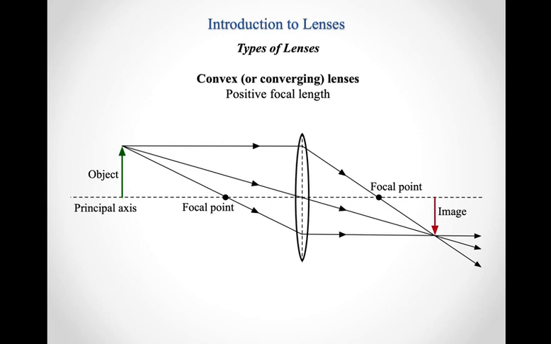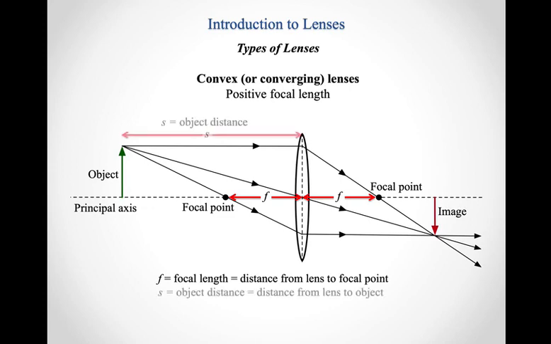So what are the distances that we're going to want to pay attention to when working these lens problems? Well, the first one we've talked about, that's the focal length. And that's the distance from the lens to the focal point. And for this lens, because it's a converging lens, that focal length will be given as positive. There are two additional horizontal distances that we're going to care about. The first is the object distance.